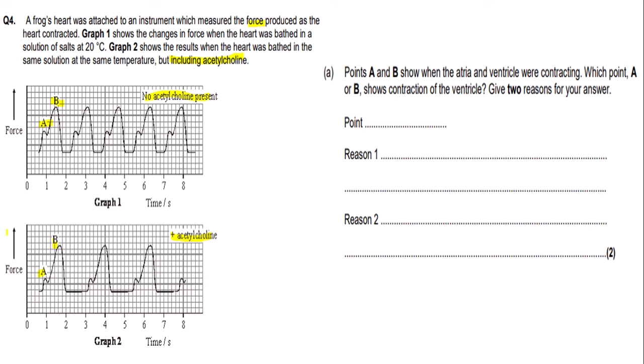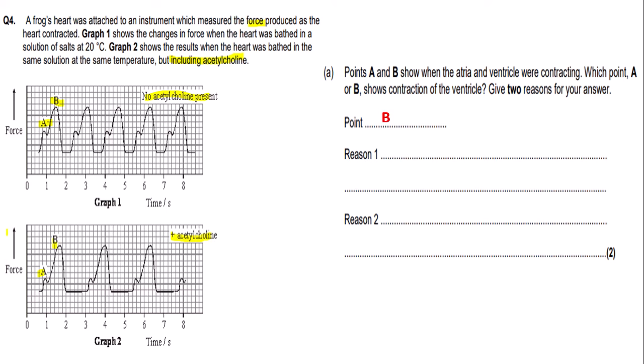This suggests that B shows contraction of the ventricle, as the ventricles have to contract harder as they deliver blood to either the pulmonary artery, which goes to the lungs, or the aorta, which goes to the whole body. However, the atria only pump blood to the ventricles, so ventricle contraction requires more force. So we can say that point B shows contraction of the ventricle.